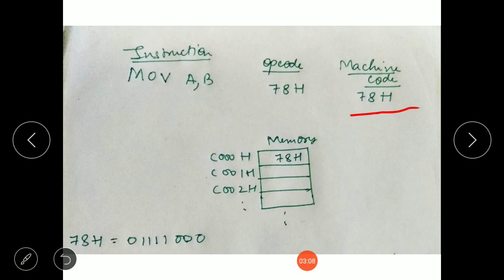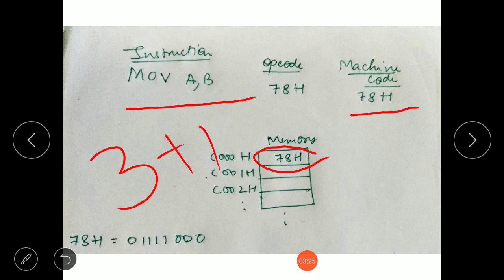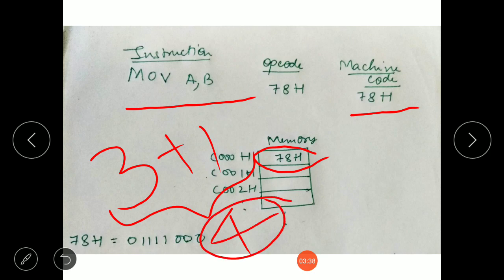As I've already told you in my earlier lecture, for implementing this operation we need 3 clock cycles for fetching the opcode from the memory and 1 clock cycle for decoding the opcode and executing the instruction. So in total, 4 clock cycles. These 4 clock cycles are used for fetching the opcode and executing the instruction.